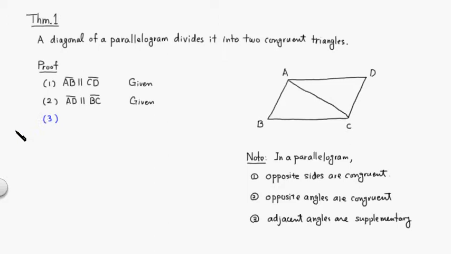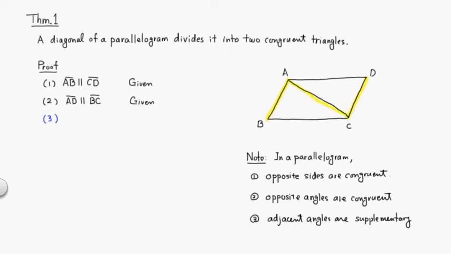All right. Since we know that AB is parallel to CD, right? We can use the Z property, right?